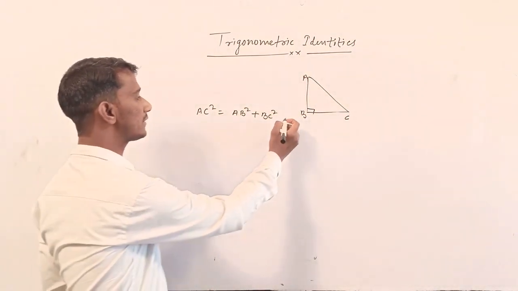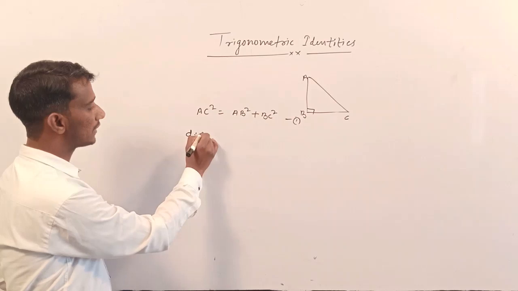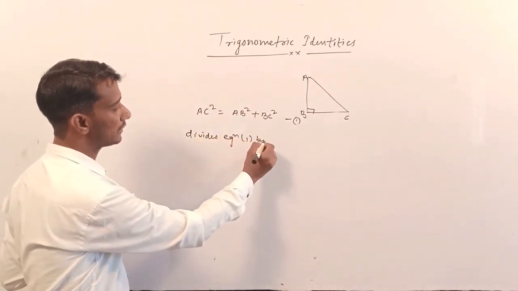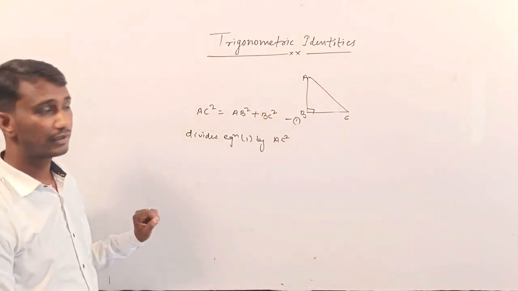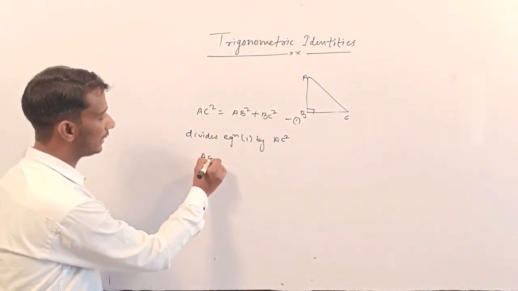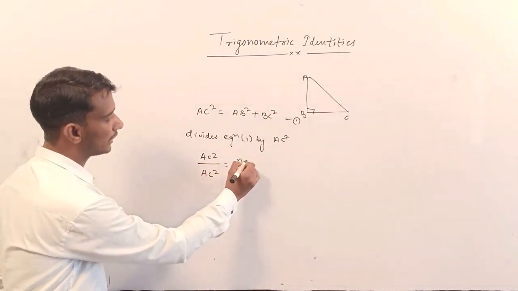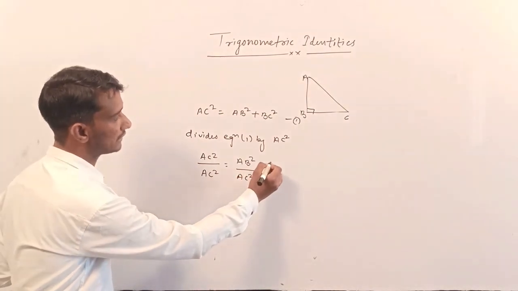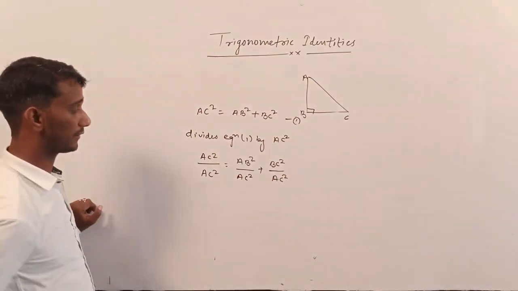So, in this equation, divide the equation first by AC square. What do we get? AC square upon AC square equals AB square upon AC square plus BC square upon AC square.